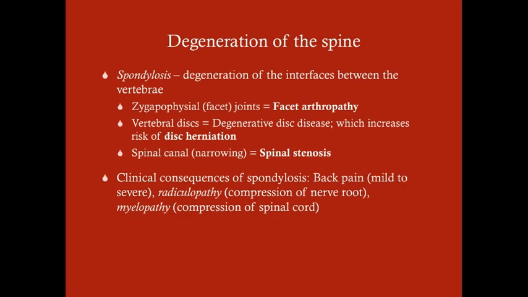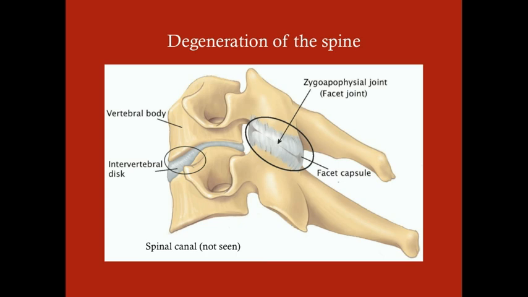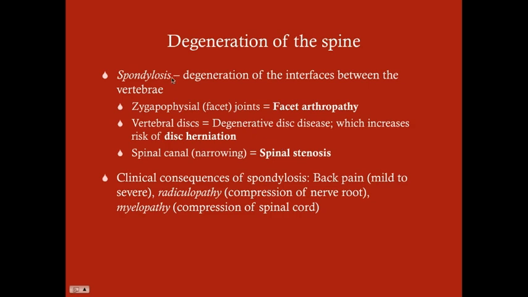Spondylosis is the degeneration of the interfaces between the vertebrae. So these interfaces here, like the intervertebral disc and the zygapophyseal or facet joint. The degeneration of those is just called spondylosis. That's a name that just refers to all of that. So when you have degeneration of your facet joint, we particularly call that facet arthropathy, and we're going to talk about that in detail.